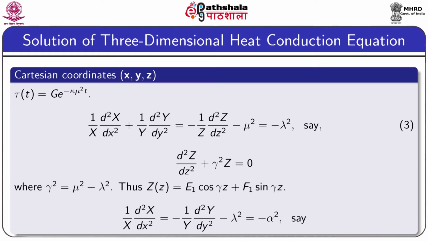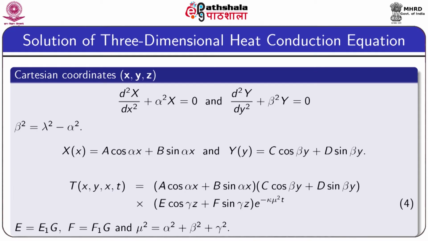Now, we separate the functions capital X and capital Y as follows. We take another separating constant as minus alpha square and we obtain the equations in capital X and capital Y, which are written here.